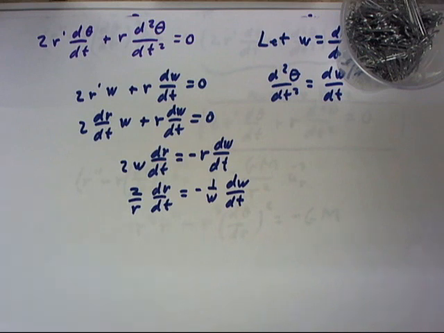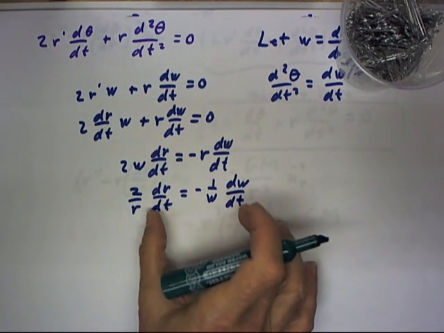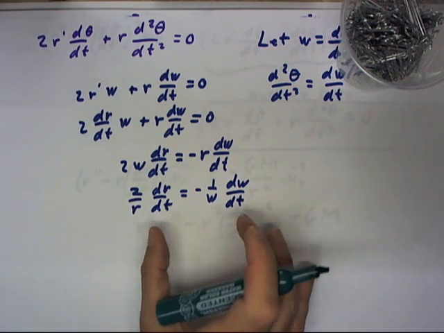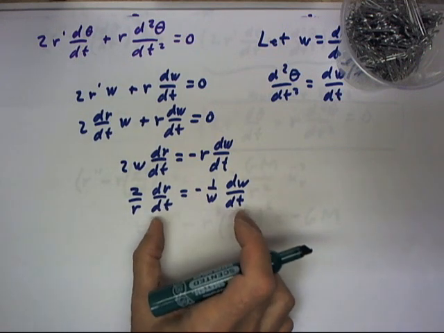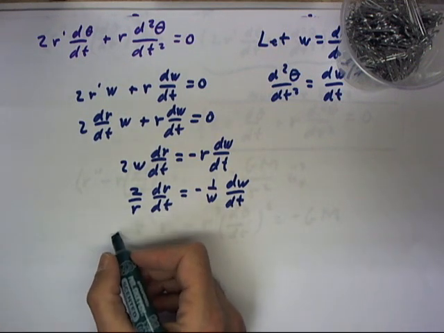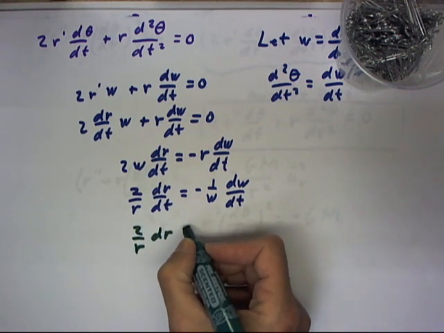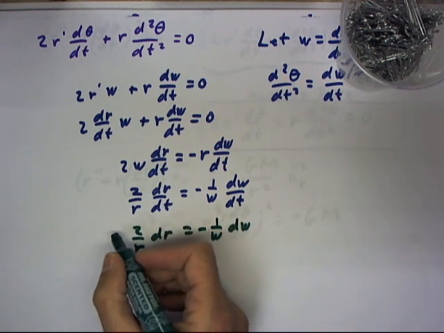Now, we're going to pull a trick that you might or might not have seen. We're just going to integrate both sides of this equation, and I'm going to wave our hands a little bit and say, well, you've got a dt on both sides, so the dt is going to go away, and we end up with 2 over r dr equals negative 1 over w dw.